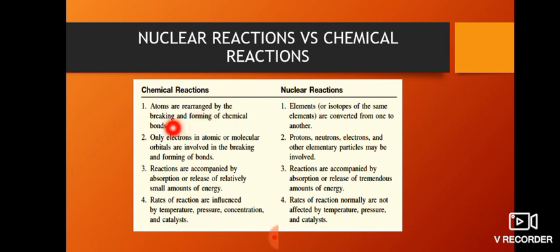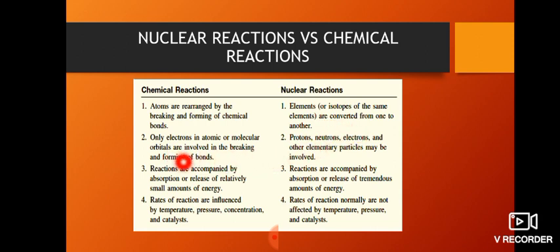We are just breaking and forming chemical bonds. In nuclear reactions, it doesn't happen that way. We are rather going to change one element to another element. So in nuclear reactions, elements or isotopes are converted from one form to another different element.